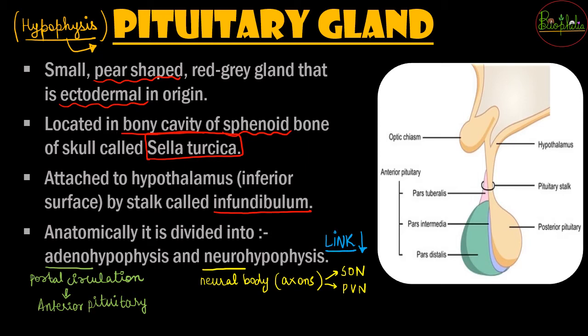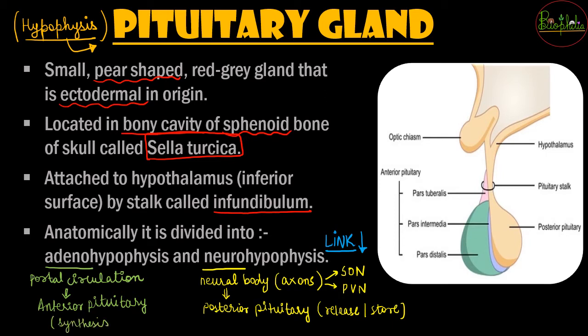So the neurohypophysis is connected with neural bodies and axons. We have studied that it is part of the posterior pituitary gland wherein the ready-made hormones are going to be coming, and it is the only place that is going to release the hormones, and before releasing it is going to store the hormones, whereas the anterior pituitary is going to first of all synthesize.